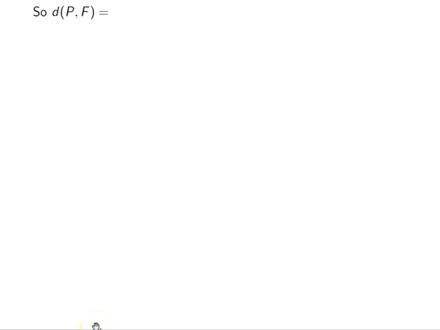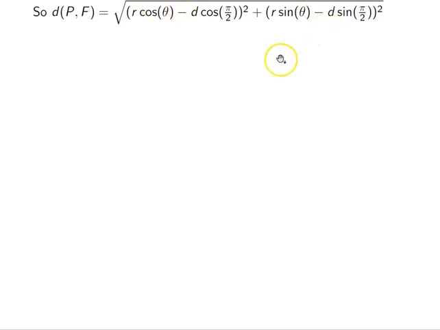Then the distance from my generic point (r, theta) to the focus, which is at (D, pi over 2) in polar coordinates, will look like this. I subtract the x values: r cosine theta is the x value for P, and for the focus it's D times cosine of pi over 2.